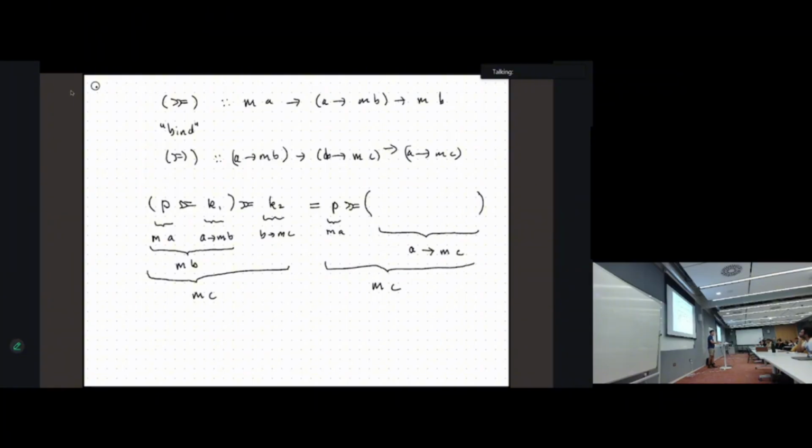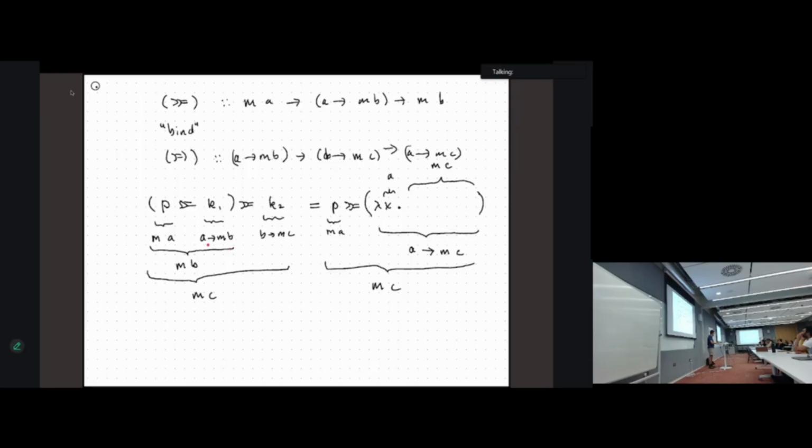And if we're going to be using bind, then it better be of this type here. So how can we get an A to MC thing going on here? Well, the answer is we use a lambda, which binds a variable x of type A. And now we need to produce here something of type MC. So how can we possibly make something of type MC with all of these ingredients?